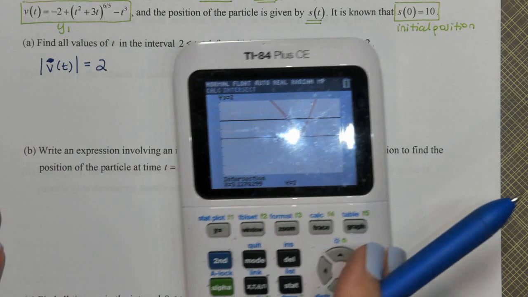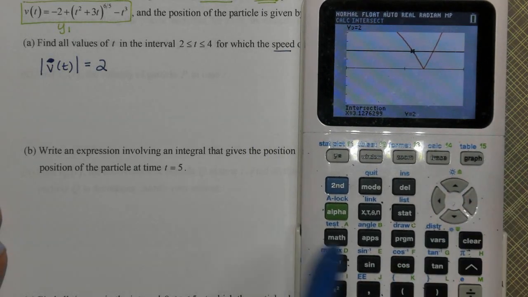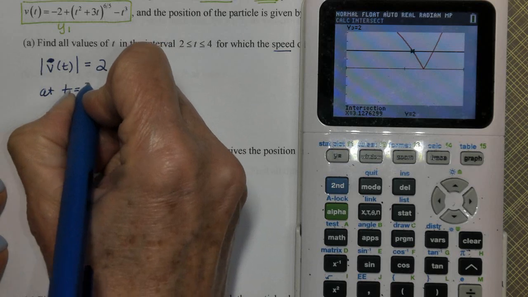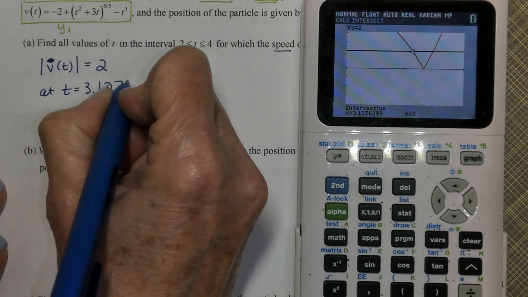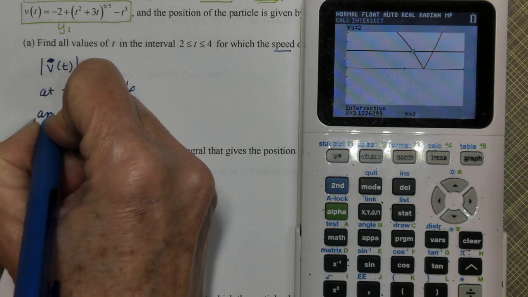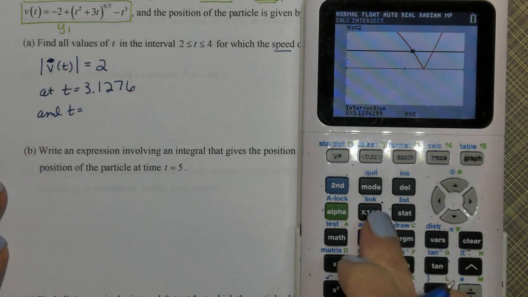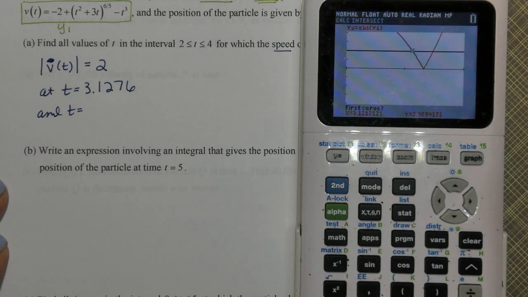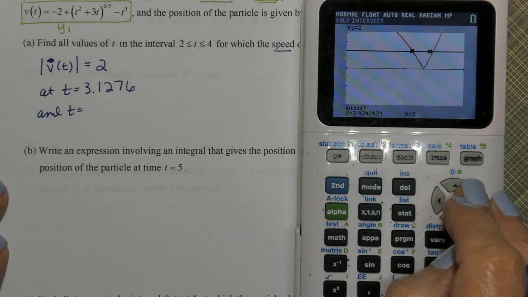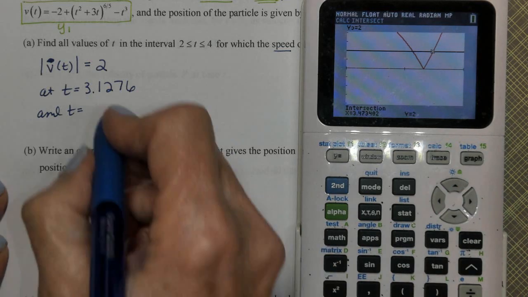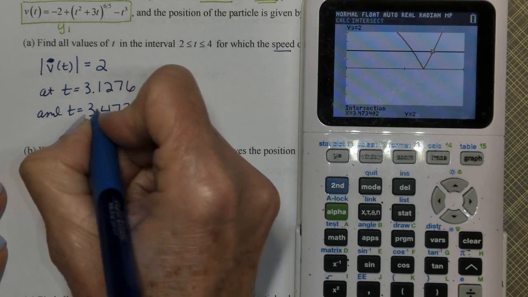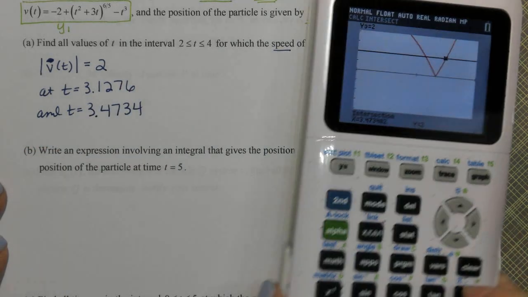So the first time is 3.1276. You give at least 3 values after the decimal point. And the other one is 3.4734. 2 times at which the speed is 2.